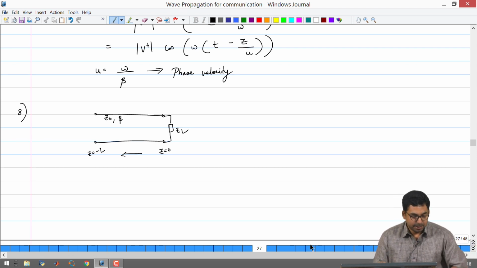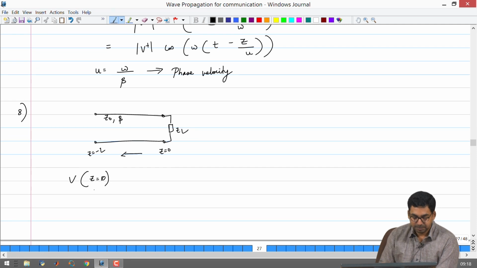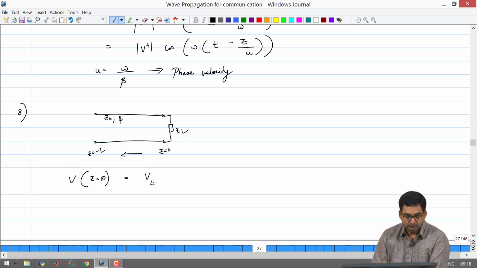If we did do this, all right, we can say that the voltage at Z equal to 0, okay, the voltage at Z equal to 0 will correspond to the load voltage, all right, is equal to the current that is flowing in this branch with the impedance ZL multiplied by the ZL itself.